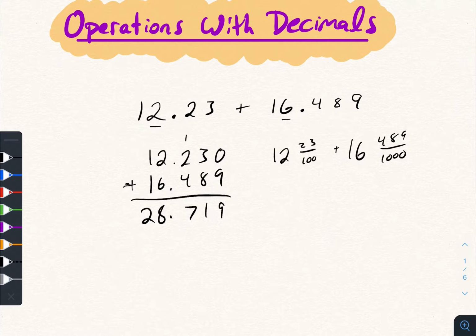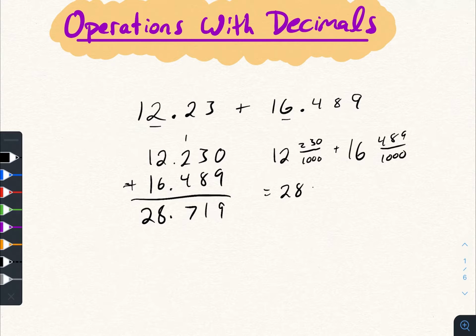When you're adding fractions, you have to find a common denominator, which is very easy to do when you're working with decimals because everything's just powers of 10. So you could just multiply by 10 over 10, which just amounts to inserting some extra zeros over here. So now your common denominator is 1,000, and now you can just add accordingly.